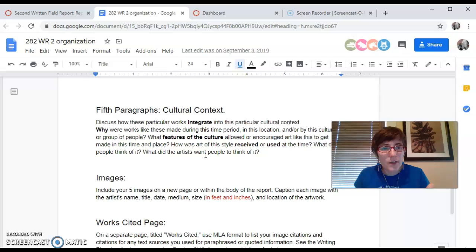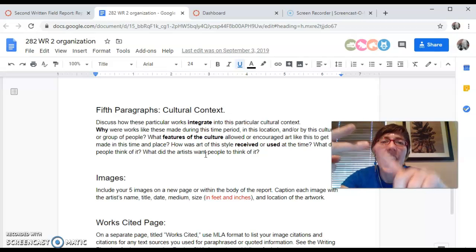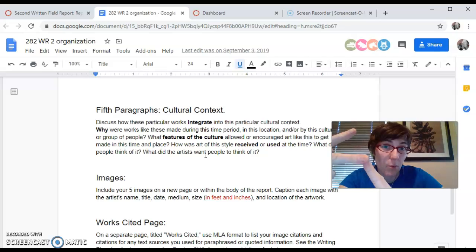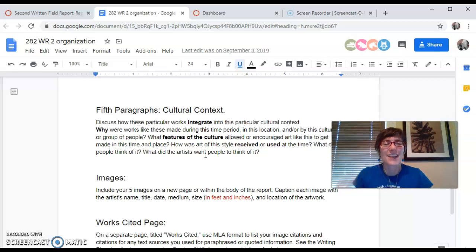That's evidence from a source supporting what you are already saying. So notice I made an assertion that they're all kings and queens, and I supported that with evidence from within the artwork, the crowns, and from without the artwork, from source information that I read about and cited.